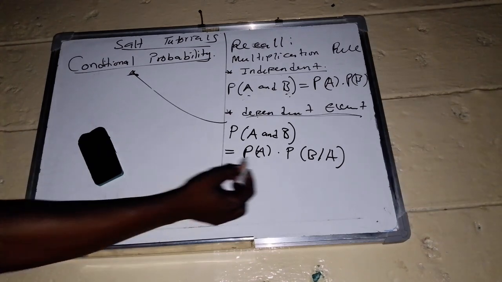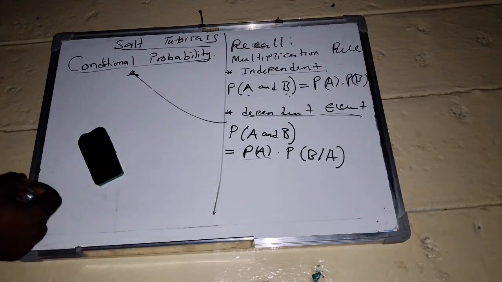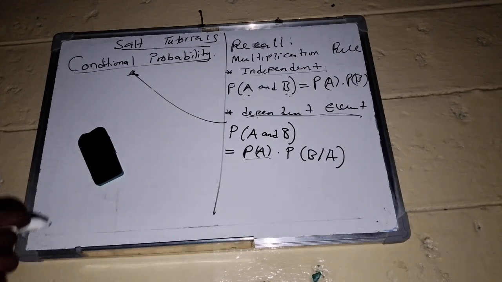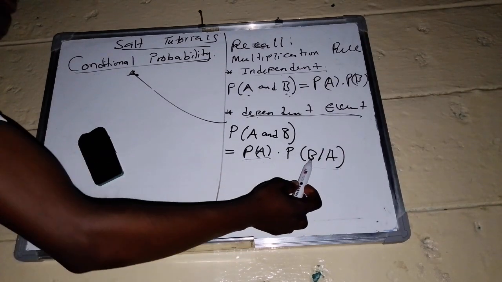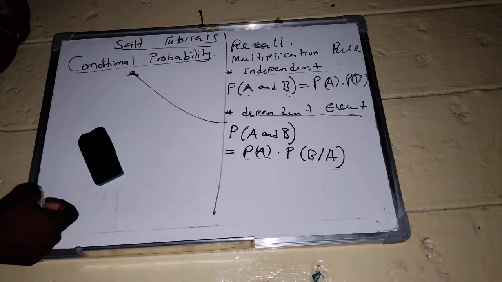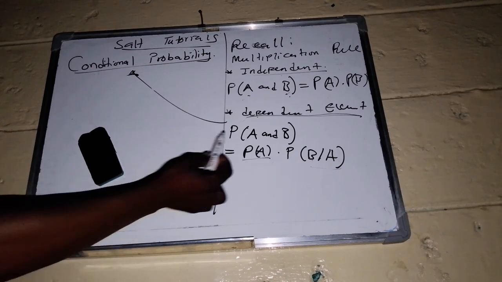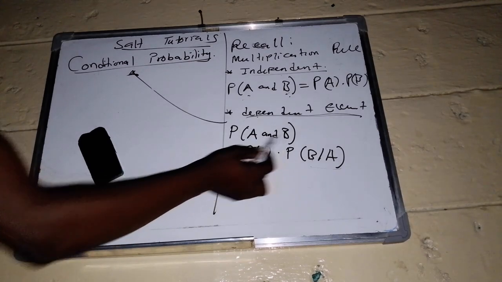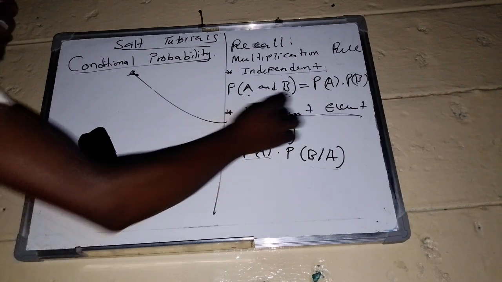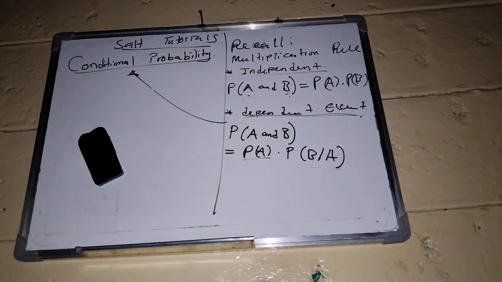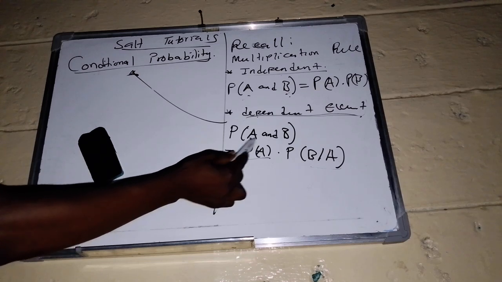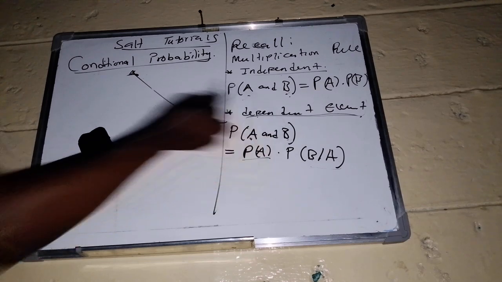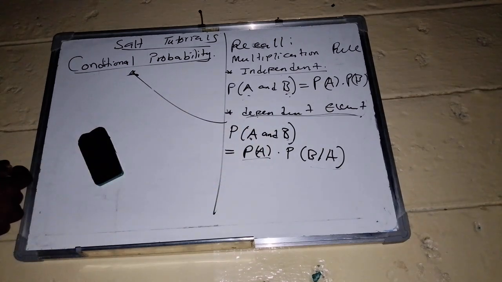So this is the first collection of, let's say, picking my card which contains A, and in the second collection I'm trying to pick my second card, maybe a B card. So what is the probability of picking an A and B, provided that A and B are dependent events? It means that the occurrence of A is affecting the probability of B.